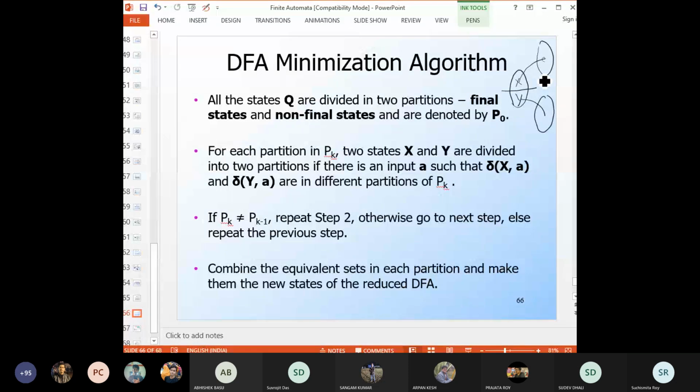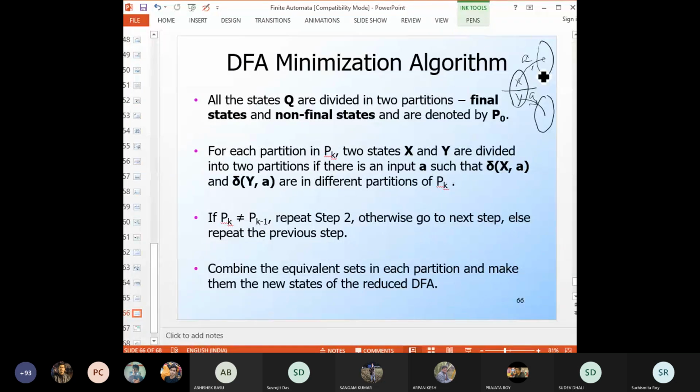If there is an input A such that delta XA and delta YA are in different partitions of PK, you know that X and Y cannot be kept in the same partition. Is this clear? And this you go on doing iteratively.